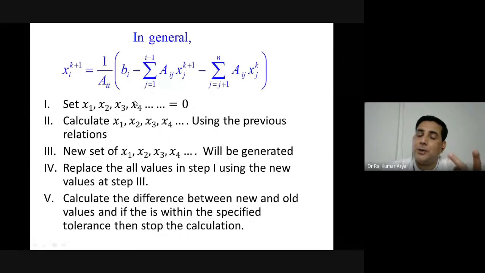Each step you are calculating the tolerance again. Once an iteration is complete, you calculate the tolerance in x1, x2, x3, x4, all variables. It's not just one variable. Sometimes it might be possible that for one variable you are within tolerance, but for another variable you are not. So you have to check the tolerance for all variables. Only once it is satisfied for all will you stop your iteration process.